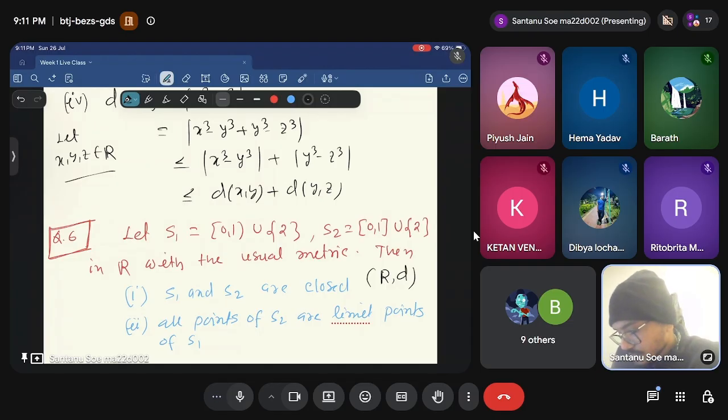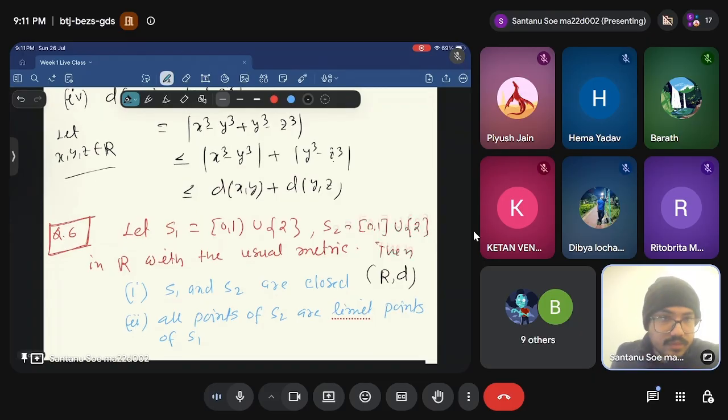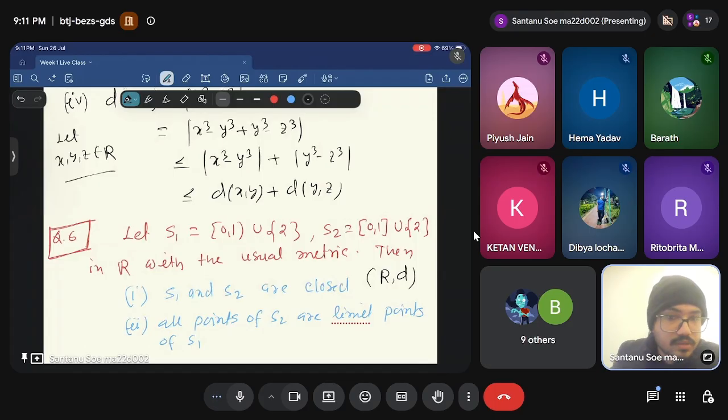Okay, so now can you guys guess what are the properties of S1 and S2? And yeah, closed definition we have already given, that it should contain all the limit points. And what about the definition of an isolated point? Does anyone know the definition of an isolated point?